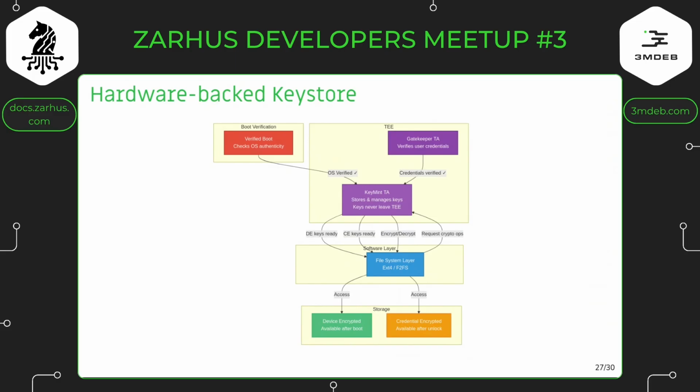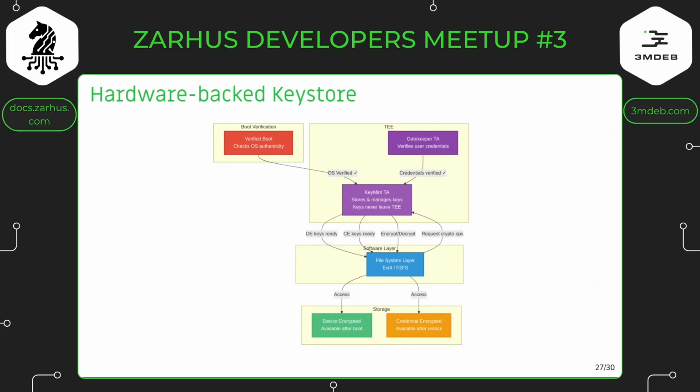We have the Gatekeeper trusted application, which provides authentication services to Android, and we have the KeyMint trusted application, which is used for storing and managing keys. So keys are never exposed outside of the trusted execution environment.